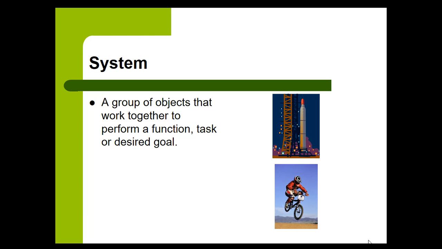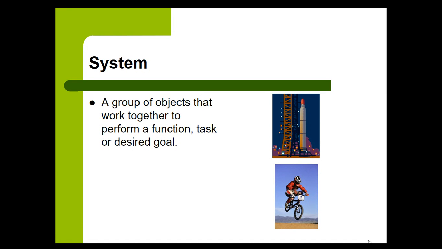That's a single object. It does perform a task or function for us, but it isn't more than one item. It's just a single item. So that, even though it performs a function or a task, isn't a system. And anything like that would not be considered a system.